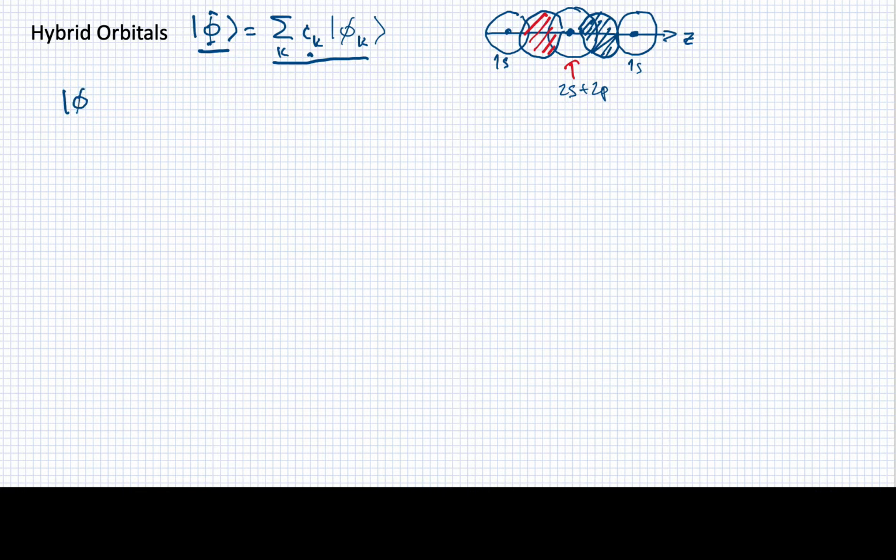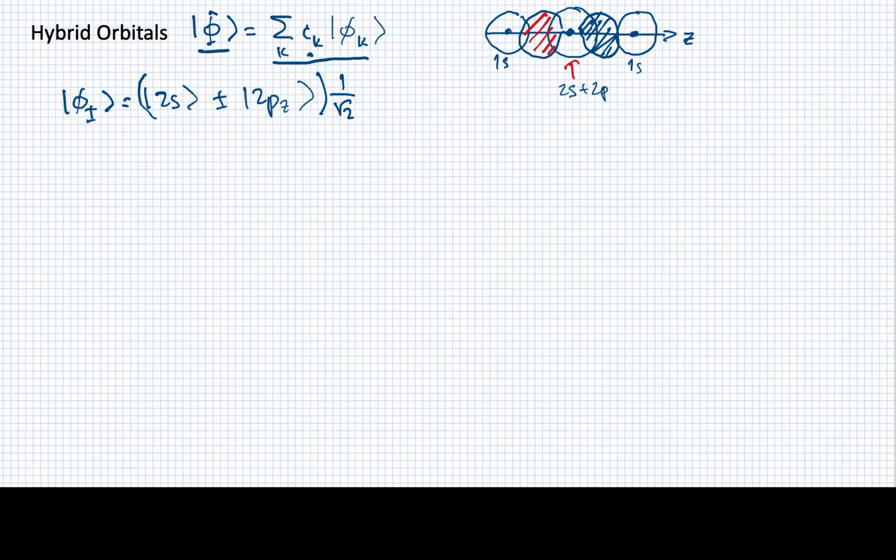I'll call them phi plus or minus, but it could be the 2s orbital plus or minus the 2p, and we'll say it's the 2pz orbital. Now, ordinarily, I want to normalize these things, so I might add a normalization constant, and for two normalized orbitals, that would just be 1 over the square root of 2.